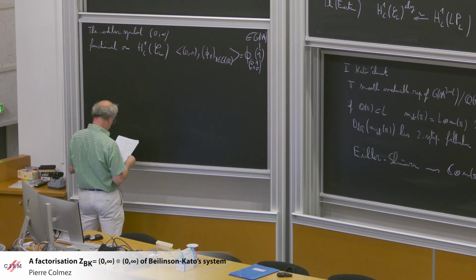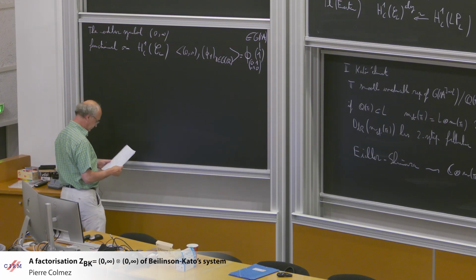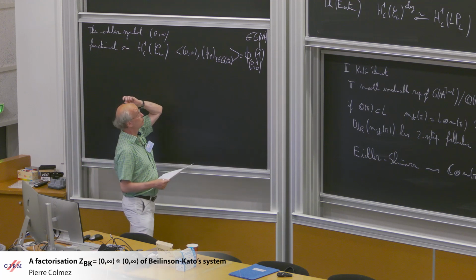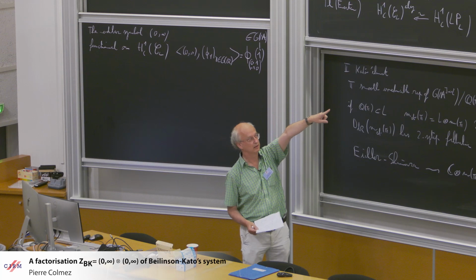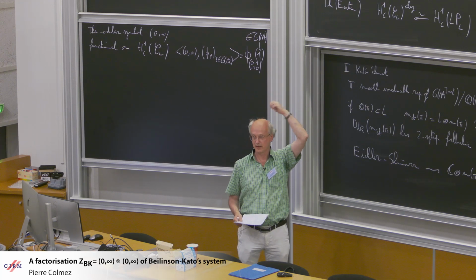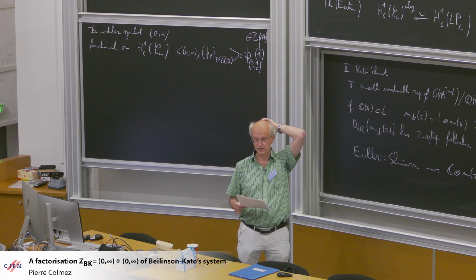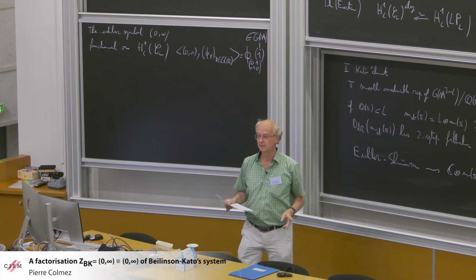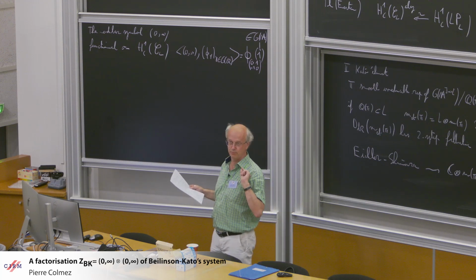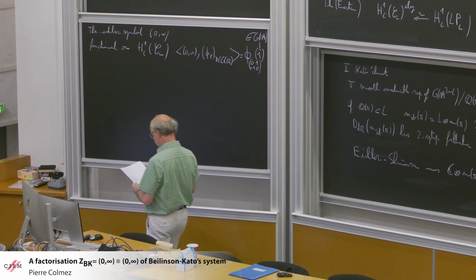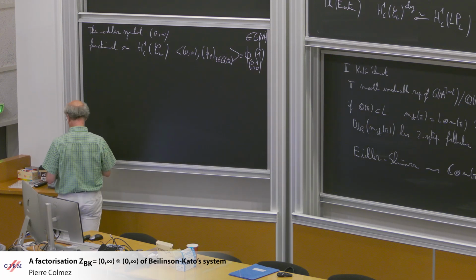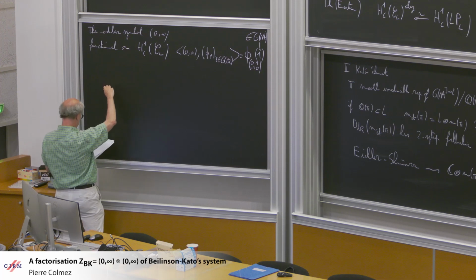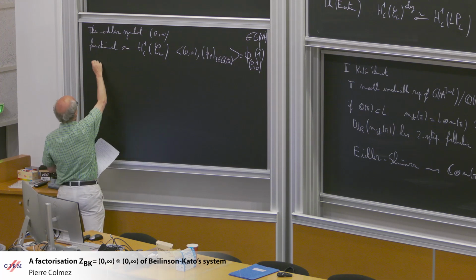And so what do you do now? So you want to compare this element here with the element constructed by Kato. So a priori, they don't look the same at all. So first you have to push them into the same world. And for this, we are going to use p-adic local Langlands. So we do it in this way.